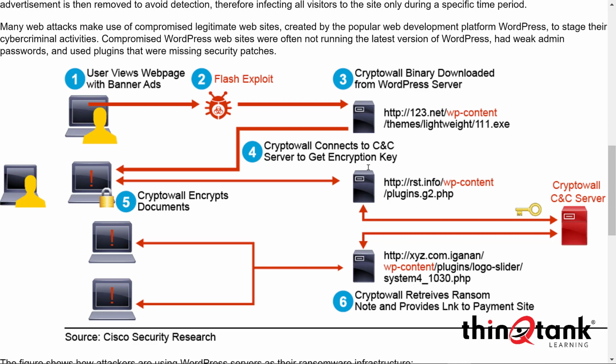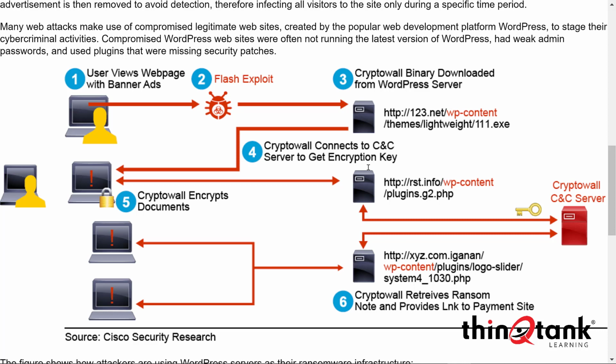That exploit kit found the vulnerability in the Flash player that the victim was running. That Flash exploit code then gets downloaded from the exploit kit landing page to the victim's computer. That Flash player is now compromised, and the victim's computer is now running that malicious code.